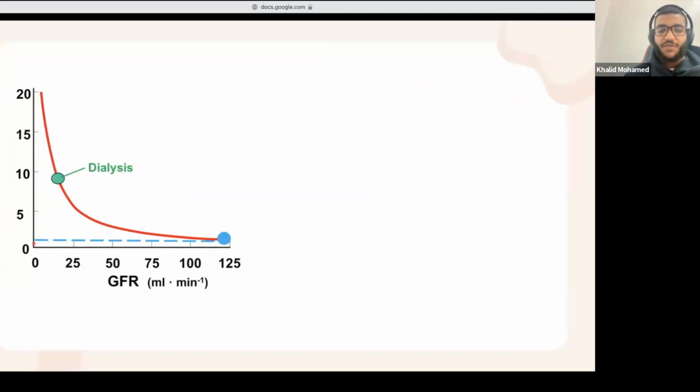So usually, if we have near zero creatinine in the plasma, we'll have a GFR of 125, which is almost normal. If the creatinine level starts to increase in the plasma, that means that GFR is decreasing. That means we have a problem and we're not able to filter as much plasma as we usually do, because creatinine is not getting filtered from the plasma.